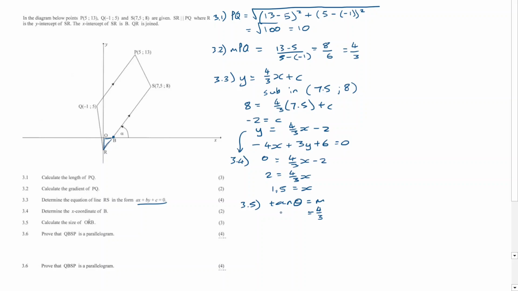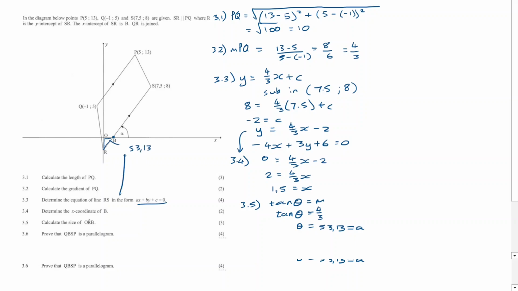And so to get an angle in trig, I press shift. And when I shift theta, I get shift tan 4 over 3. I get an answer of 53.13. And that is basically A, this angle here. I'm going to say in brackets vertically opposite to get OBR. And so now I've got 53.13 there.